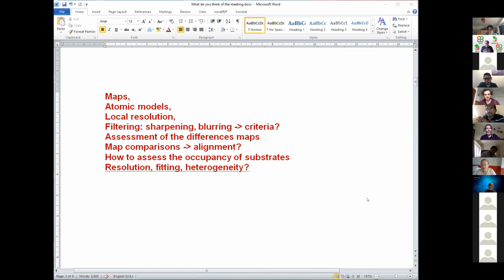What kind of criteria are we using for sharpening, blurring, and what should be done? People, especially if they do not know much about the process of reconstruction, love to have a magnificent button which will do everything for them, because neither Relion nor CryoSPARC provides a lot of information on how and what should be done. It's very confusing.